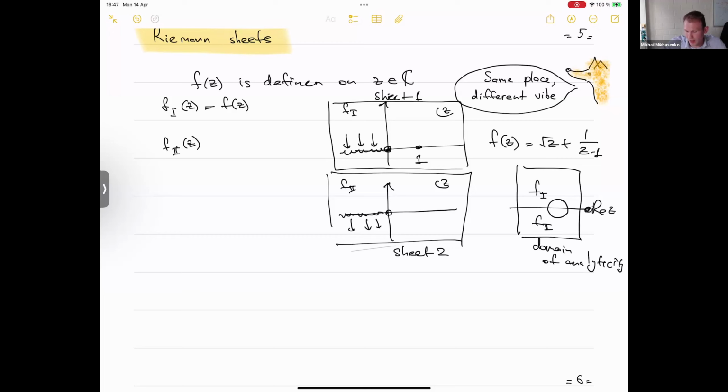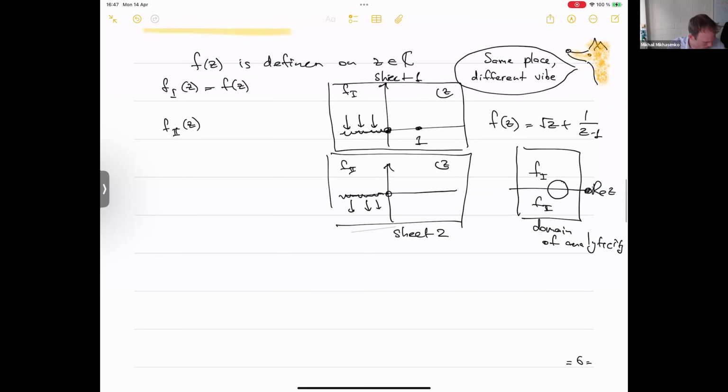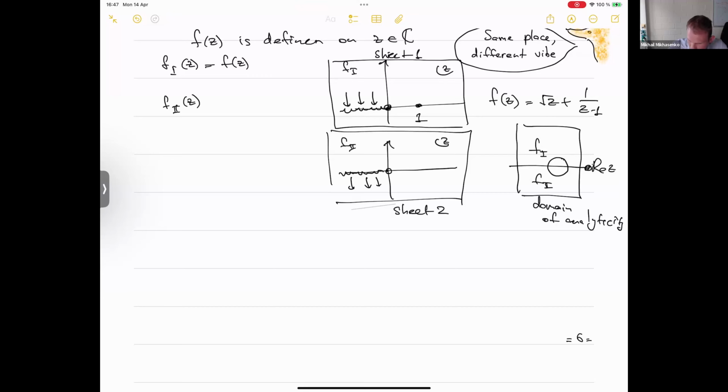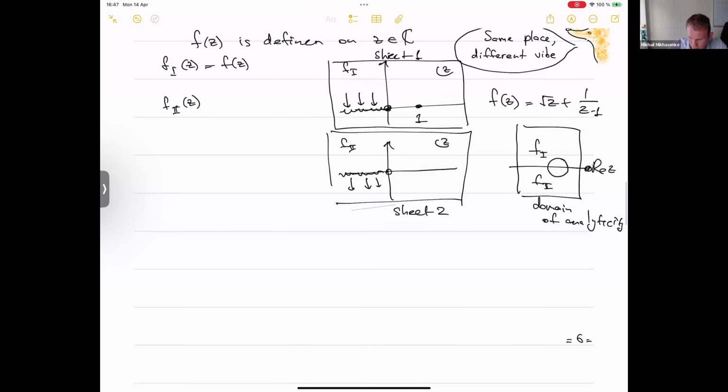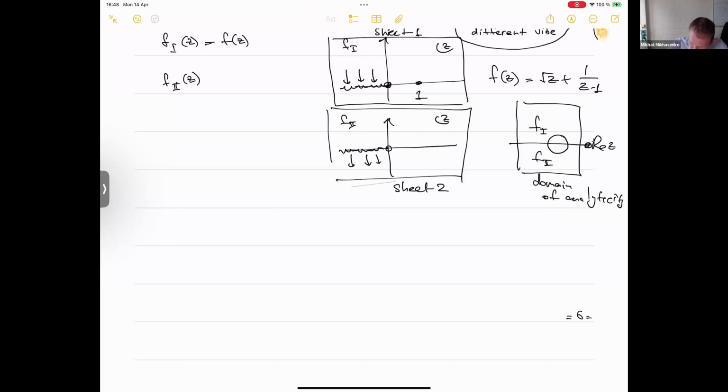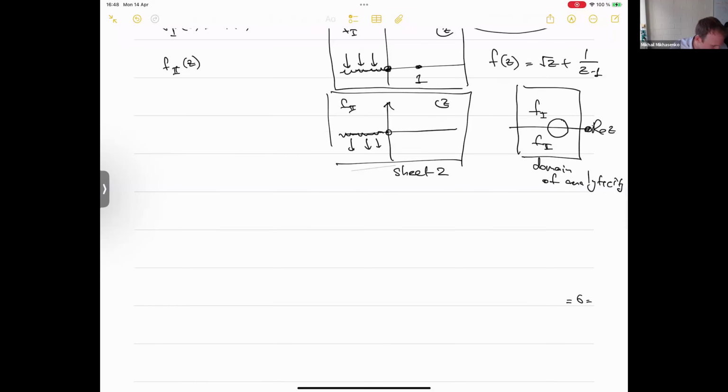But this function has another sheet that is analytically continuous through the cut, and that's all it has. Many functions have multiple sheets, meaning there is a set of functions related to each other through the domains of analyticity. I am going to continue with my examples and show you how they are connected.